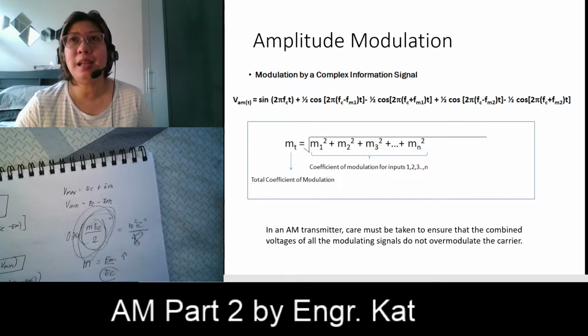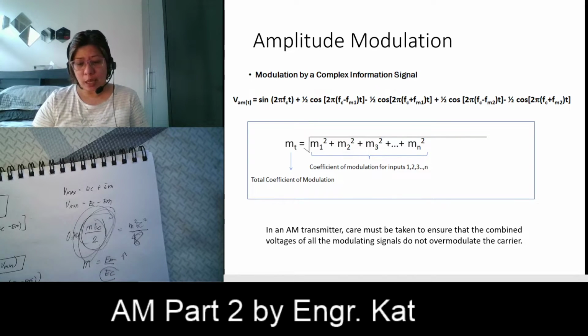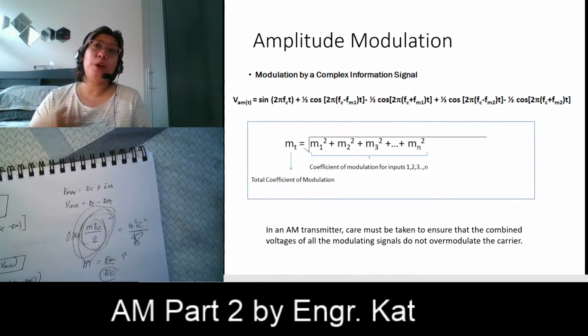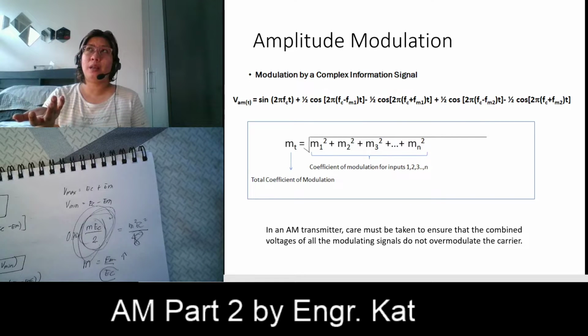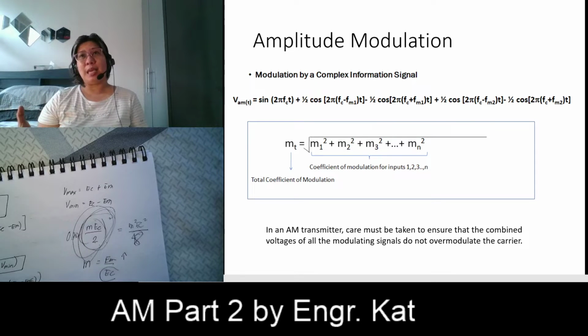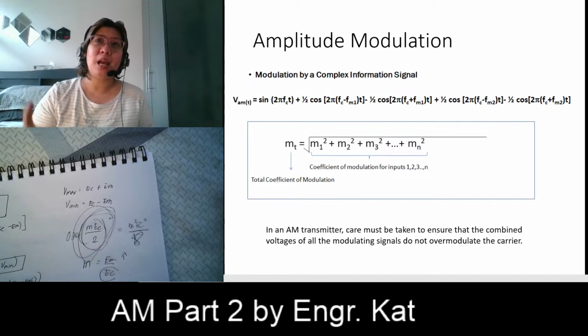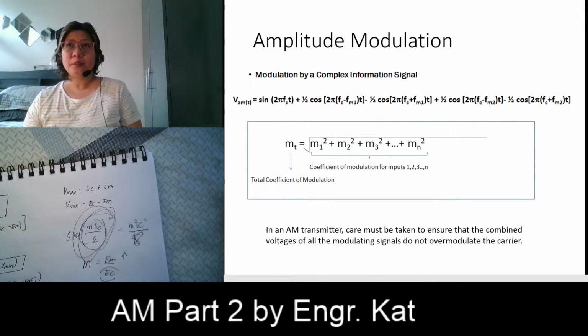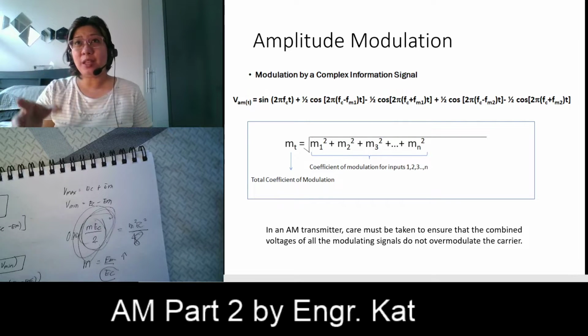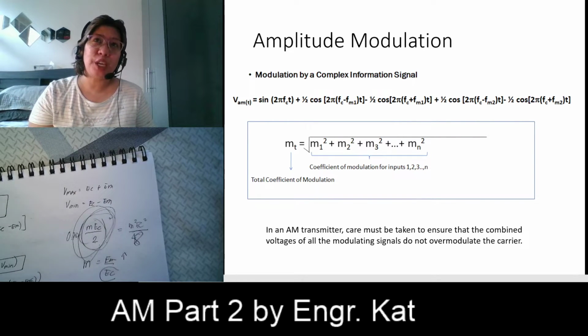But in reality, class, in practice, the modulating signal is very often a complex waveform. Voice, for example, is not composed of just a single frequency. Sometimes it is loud, sometimes it is quiet, so that means your amplitude is changing.